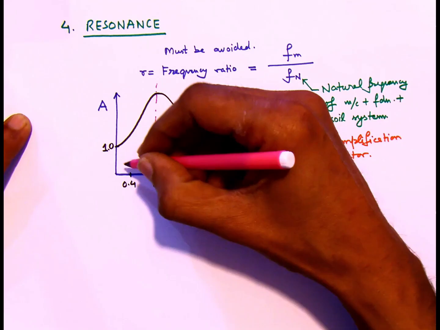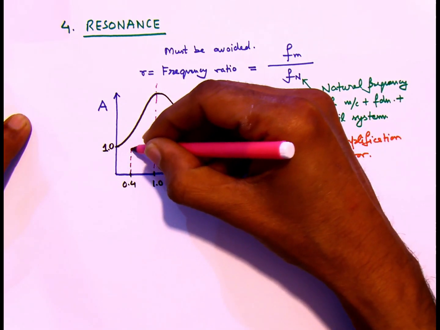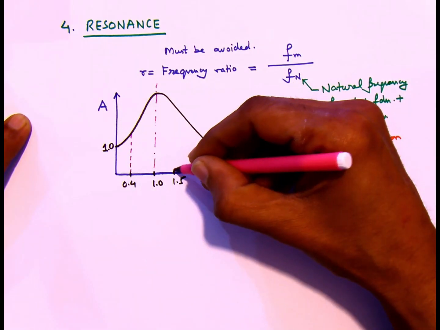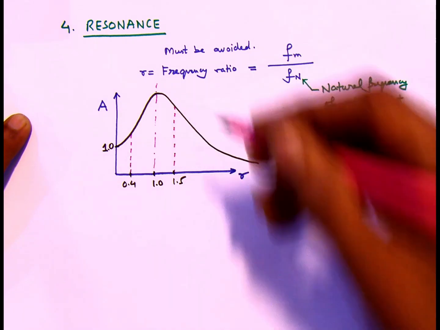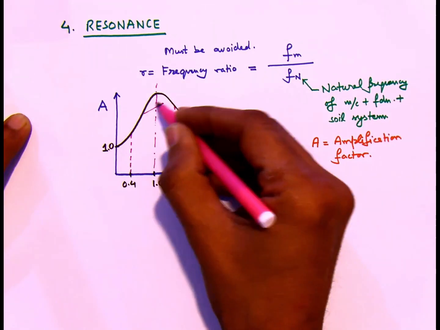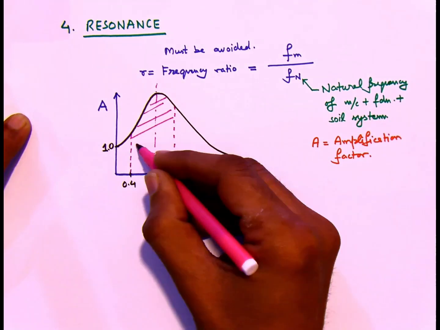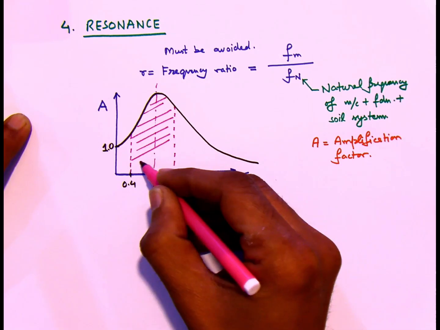As far as machine foundations, especially block foundations, are concerned, there is a zone with values of R from 0.4 to 1.5 that is a prohibited zone.